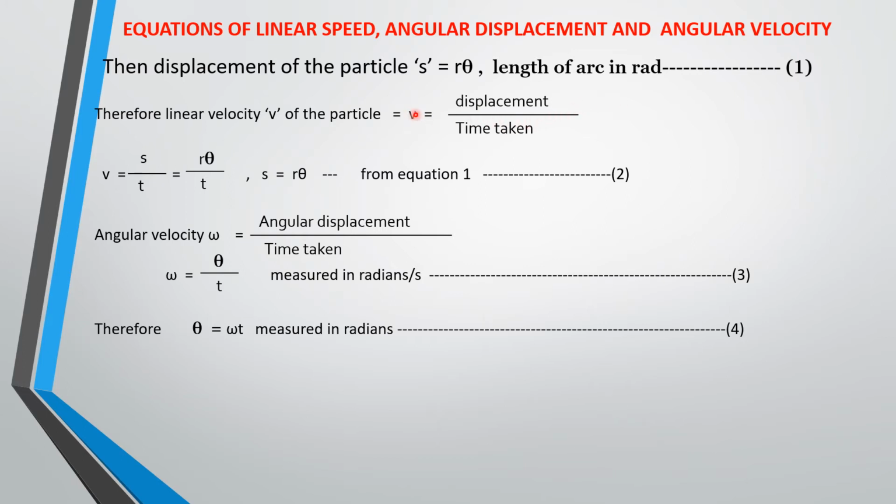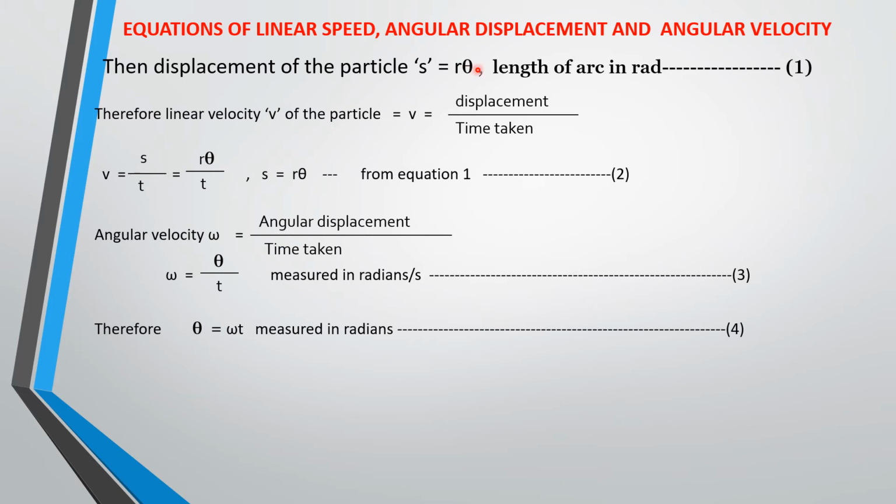Now, how is this linear velocity related to angular velocity? We'll see that as we progress. If linear velocity is equal to displacement over time taken, then v, which is the linear velocity, is equal to s over t. That is displacement all over time taken.